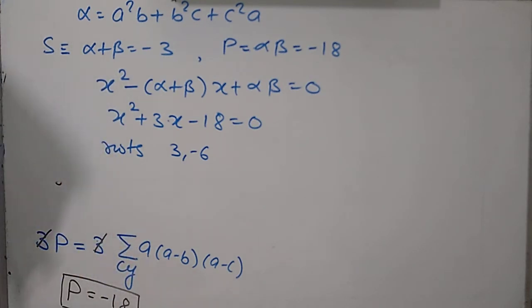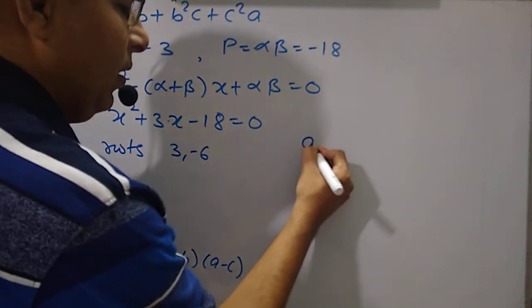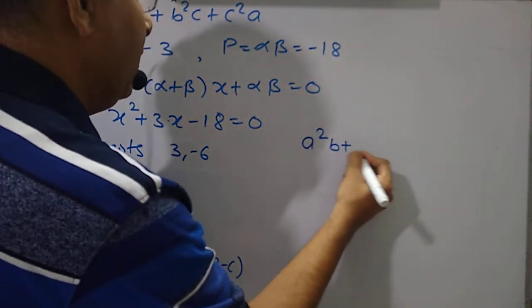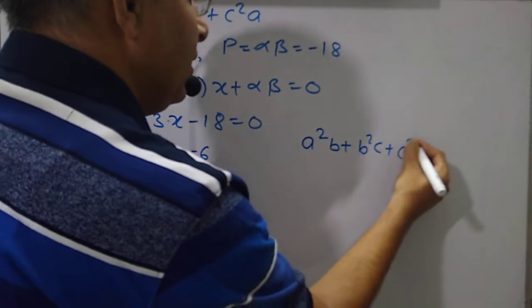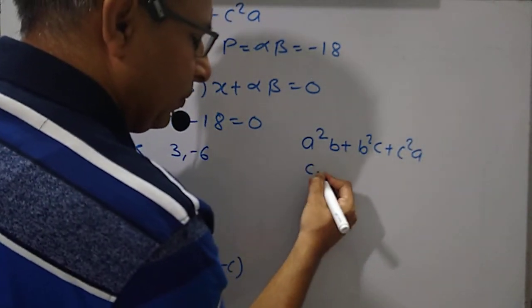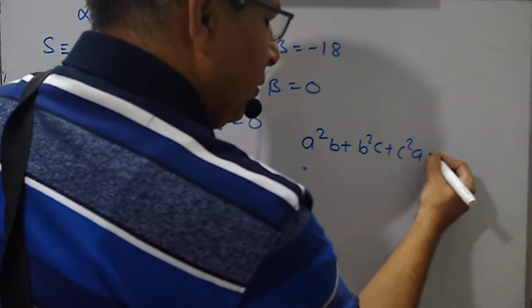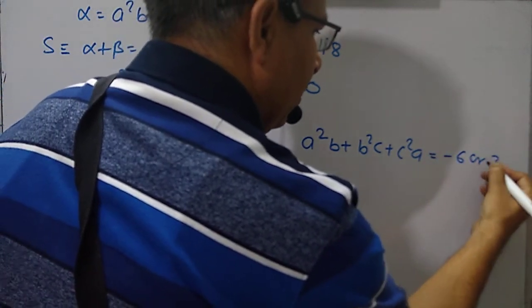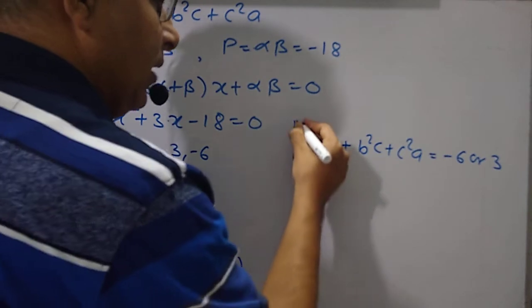Roots will be 3 comma minus 6. So now we say that a square b plus b square c plus c square a is equal to minus 6 or 3, and this is the final answer.